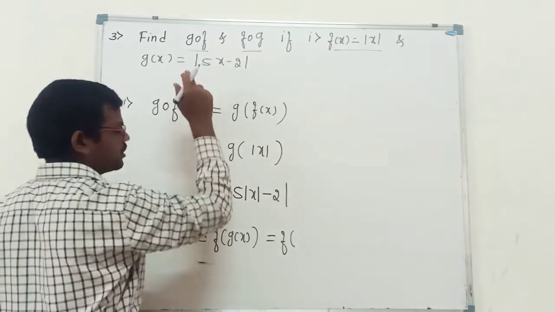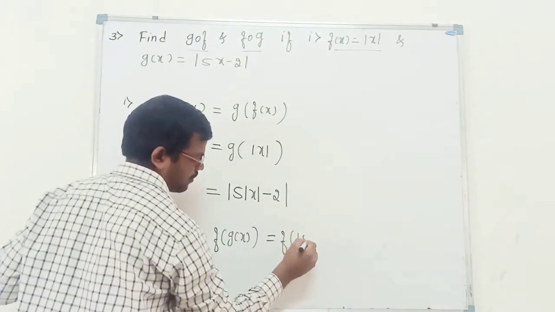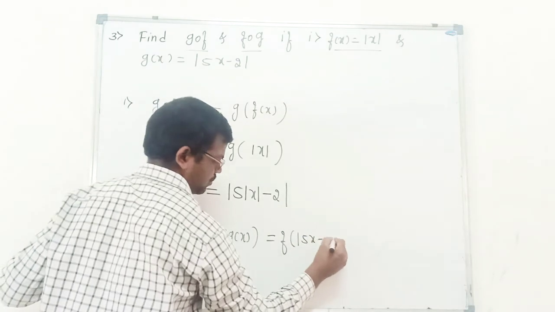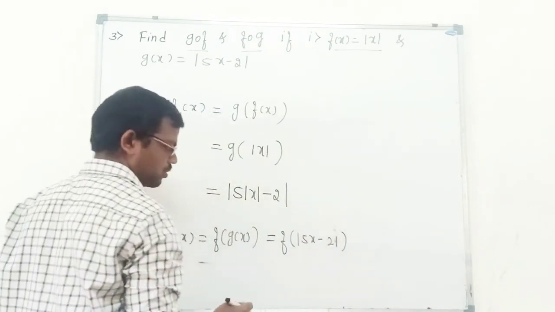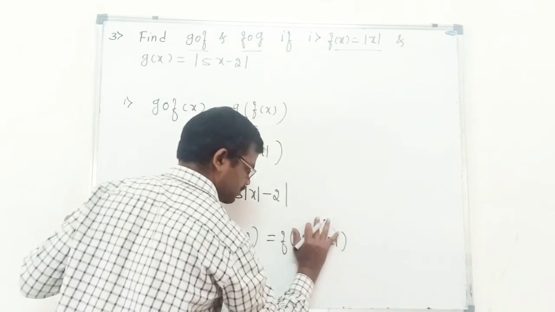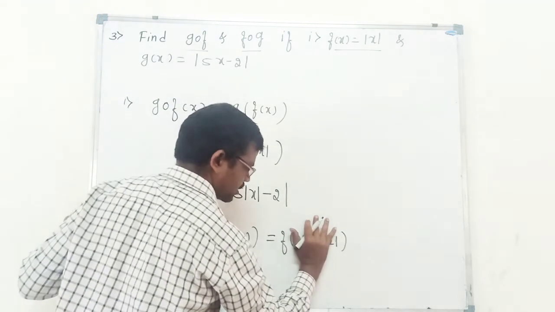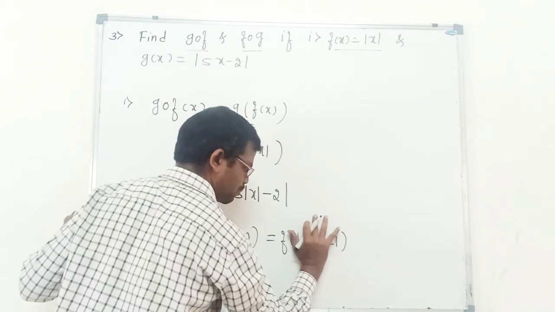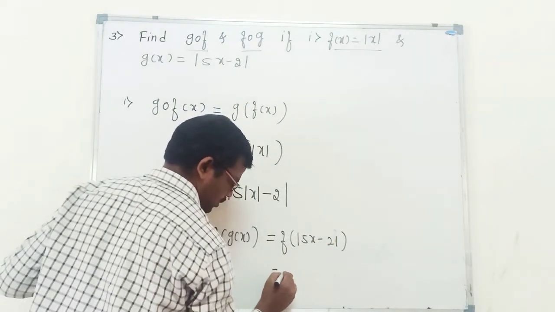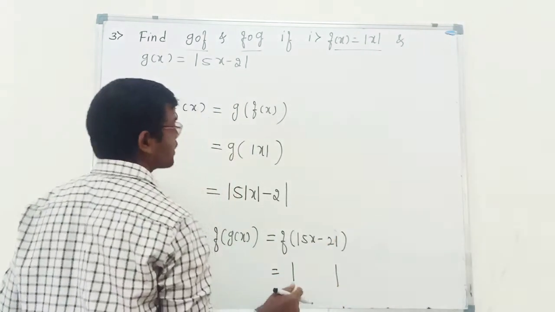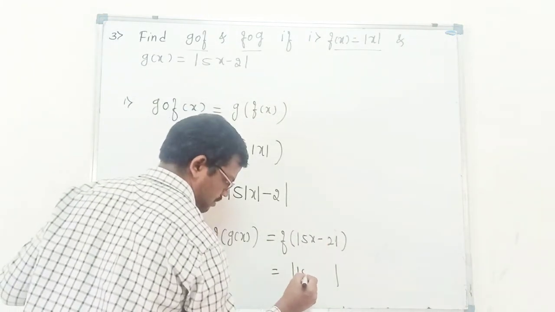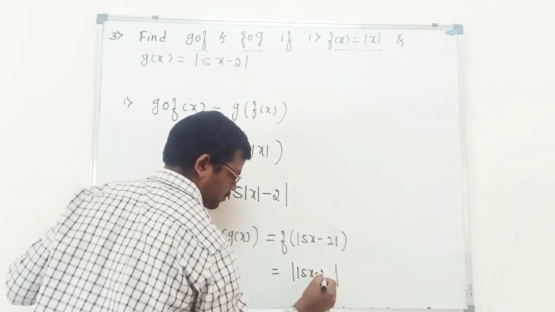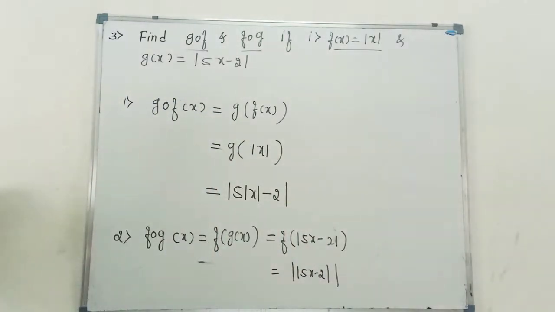G of x means mod 5x minus 2. So f of x means this. Where there is x, we have to put all this. So then mod is there, x, mod this, that is 5x minus 2. So double mod, we get that.